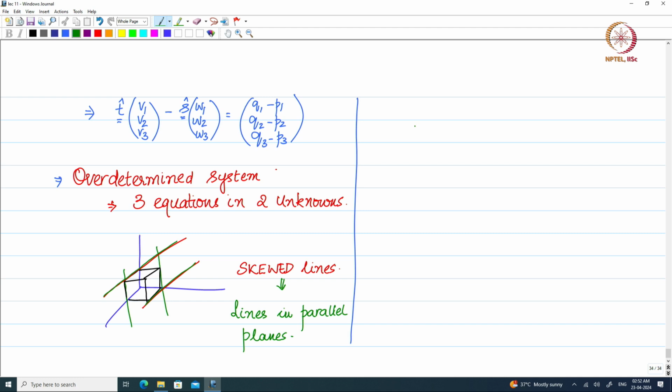Okay. Then as far as planes are concerned, we have already defined a plane in 3D.